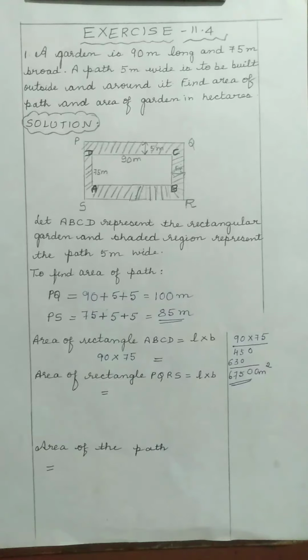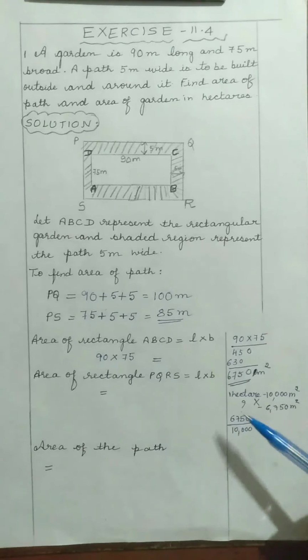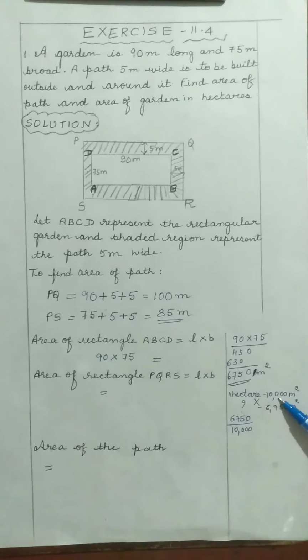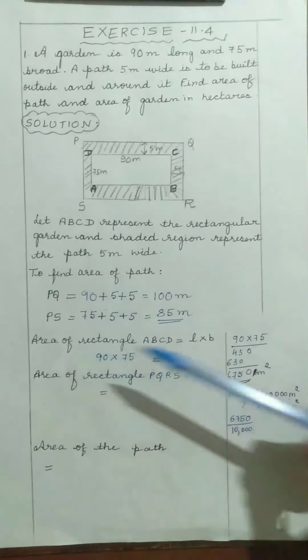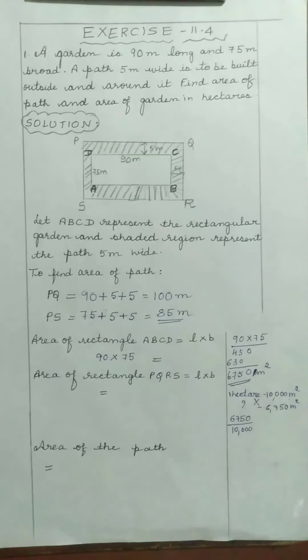Therefore, we know that 1 hectare is equal to 10,000 meters square. Then for 6,750 meters square, since the unit is given in terms of meter and area is expressed in meter square, how many hectares?